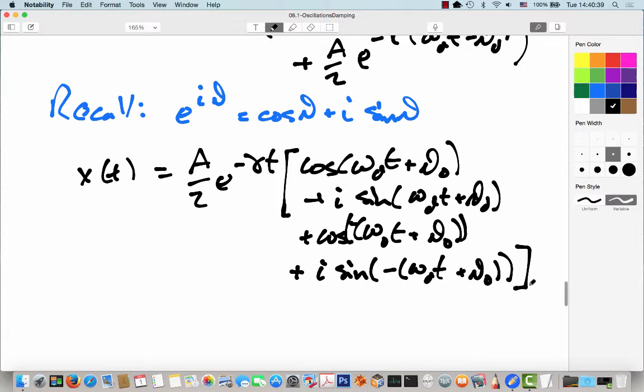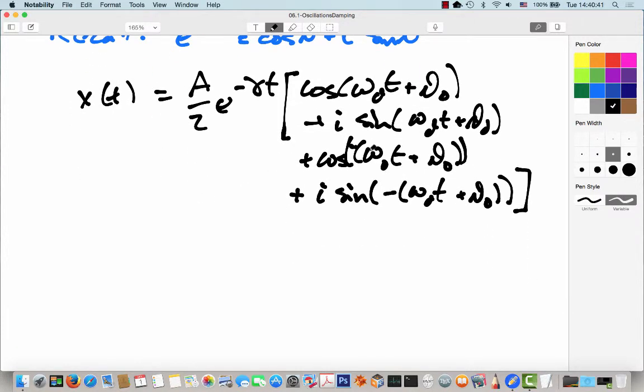Phew, okay. So now you remember the cosine of minus x is just cosine x. So these two terms just add. And the sine of minus x is minus the sine of x, so these two terms actually cancel. Yay! That gets rid of the imaginary part that we don't like, given that we're looking at a physical observable. So I've just got two of these cosines adding together. That's why we made it a over 2 to begin with, to cancel that 2.